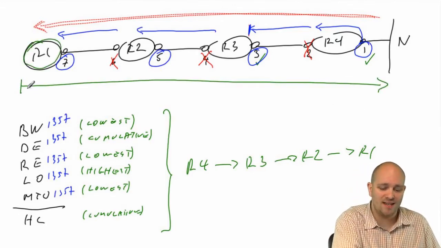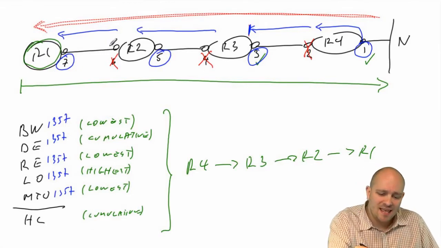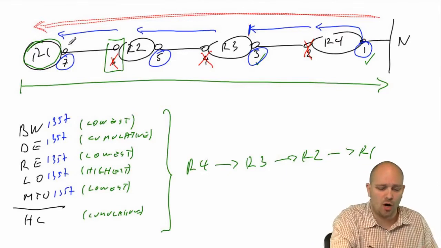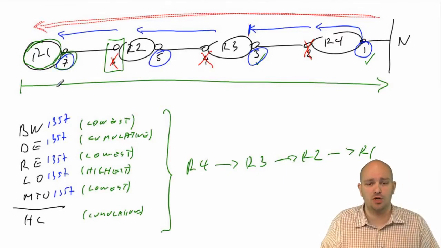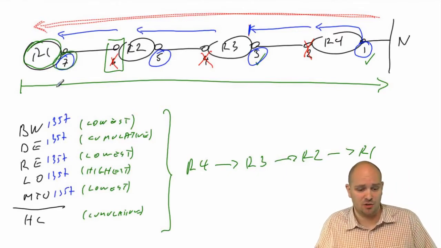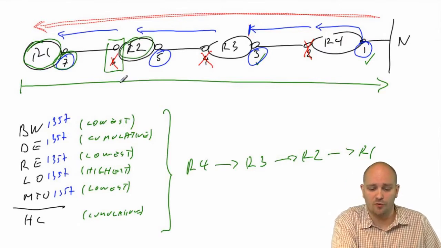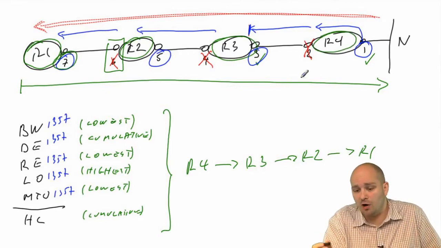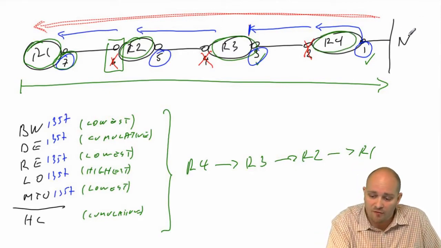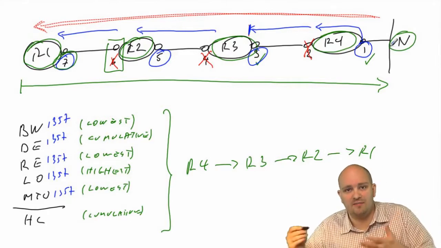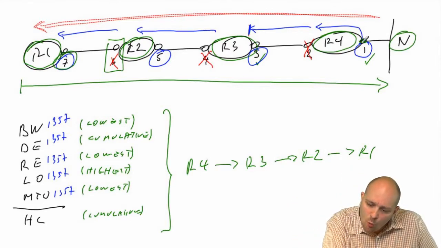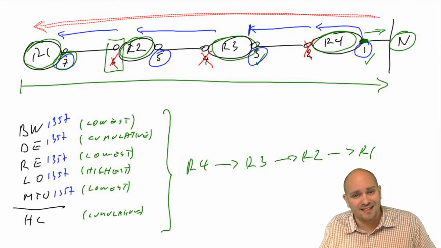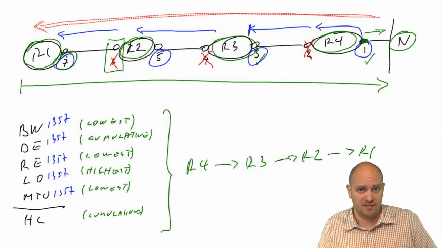So if R1 has traffic to send, is information on interface 6 in any way relevant to R1, or is it the information on interface 7 that is actually relevant? Same thing goes for R2, same thing goes for R3, and finally same thing goes for R4. We don't care what some fictional cost on other devices in the network is, we care about what our own cost is, what our own metric is to actually send this traffic out of this interface.